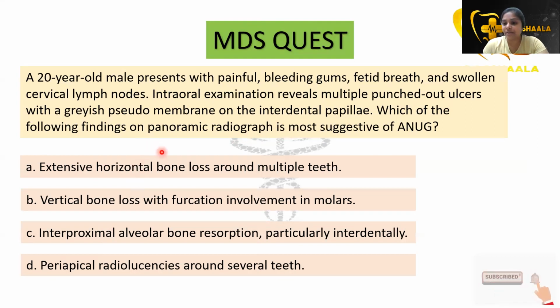So we didn't see the radiographic features, but we will see them with this question. So the options they gave are extensive horizontal bone loss around multiple teeth, vertical bone loss with furcation involvement in molars, then interproximal alveolar bone resorption, particularly interdentally, and periapical radiolucencies around several teeth. So with the knowledge you have till now, just think what the answer can be. But we'll discuss this question also.